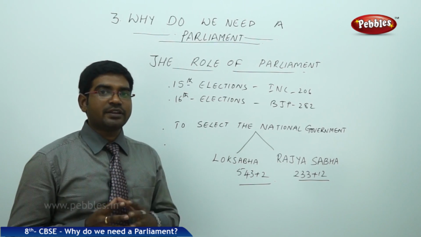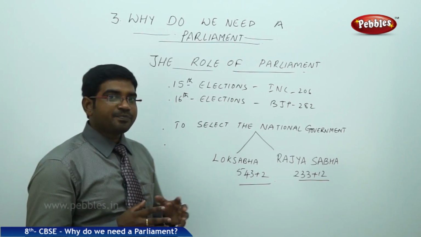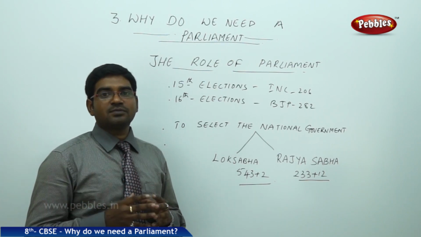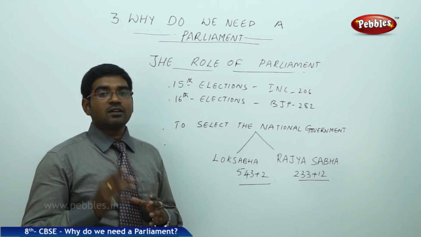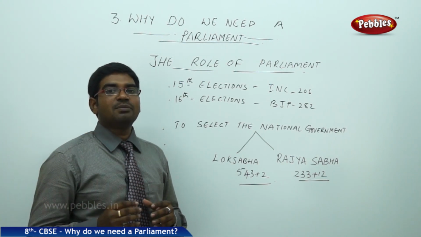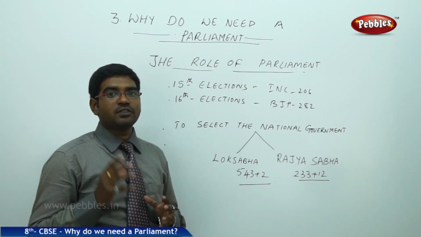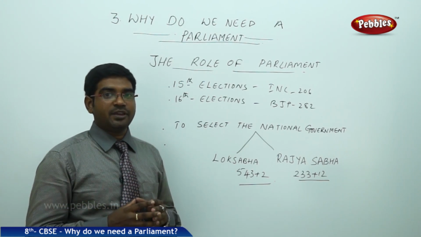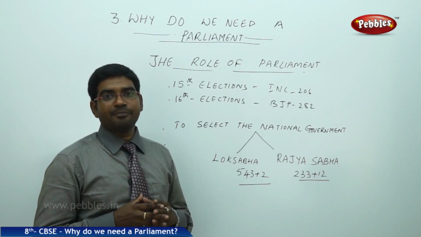Now moving on to the details. In Lok Sabha, we have a total of 545 members. 543 are elected directly by the people, while the other two are nominated from the Anglo-Indian community by the President of India.